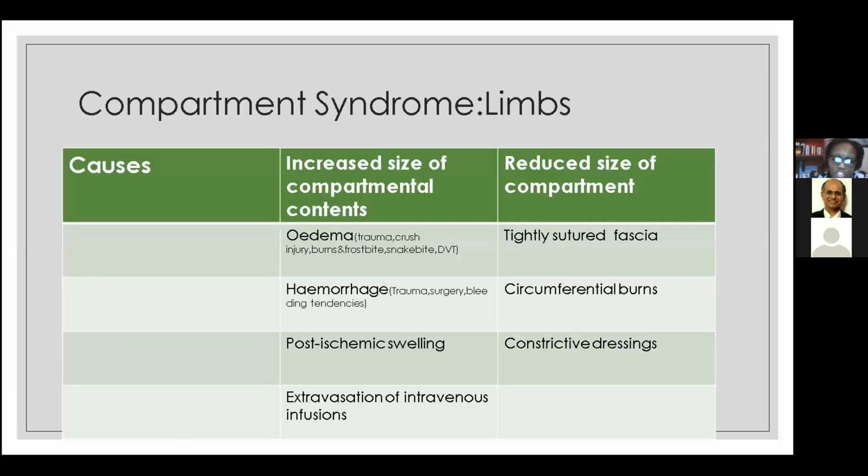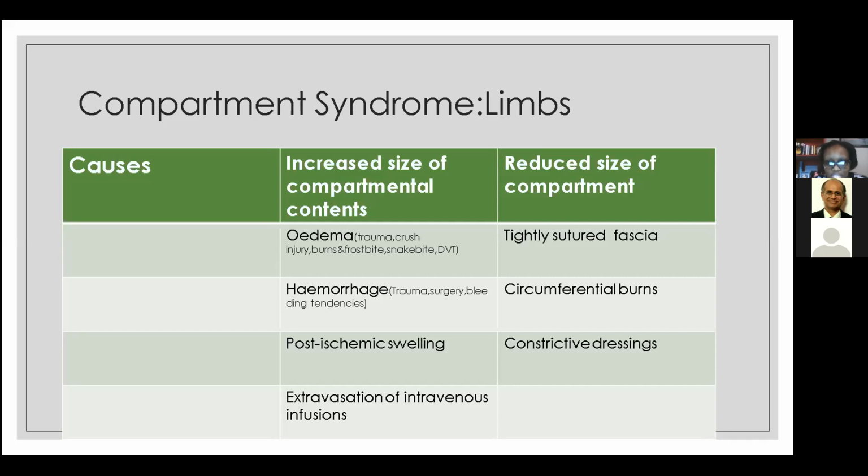And then I'll just go to the compartment syndrome of the limbs. The causes are classified under increased or reduced size. So the different causes depend on what it does basically to the compartment. It's either an increased size of the compartmental contents or a reduced size of the compartment. Both of these lead to a compartment syndrome.